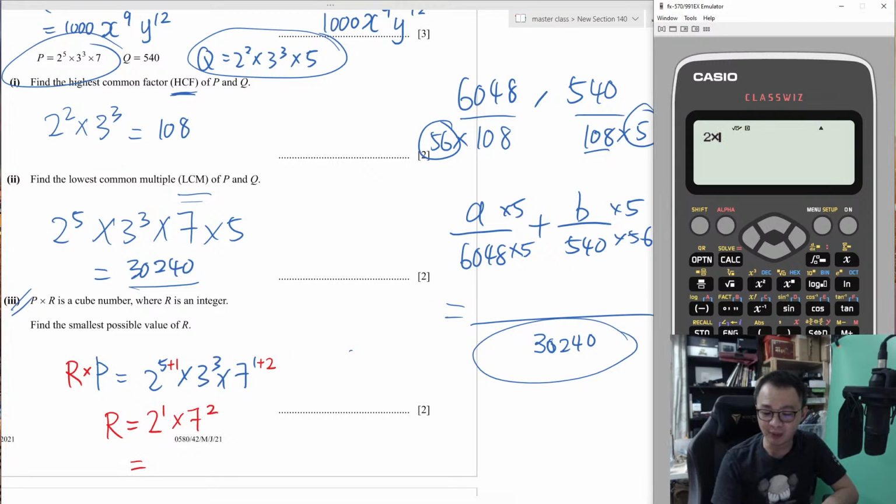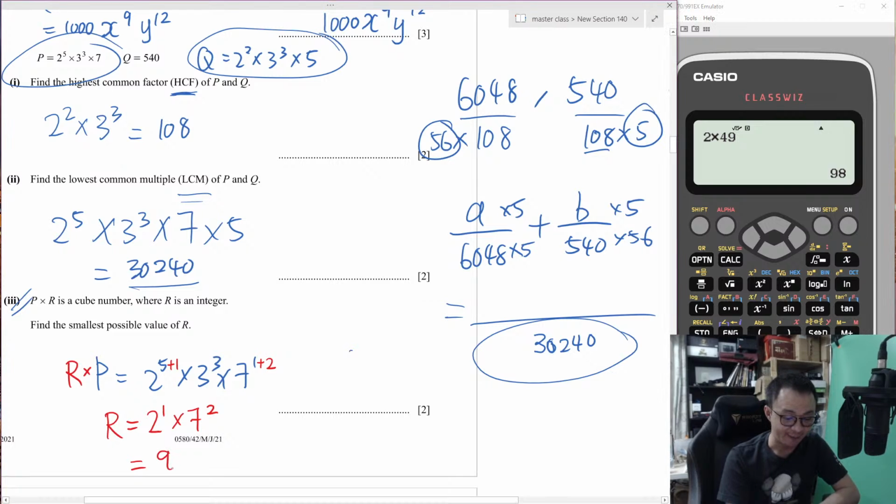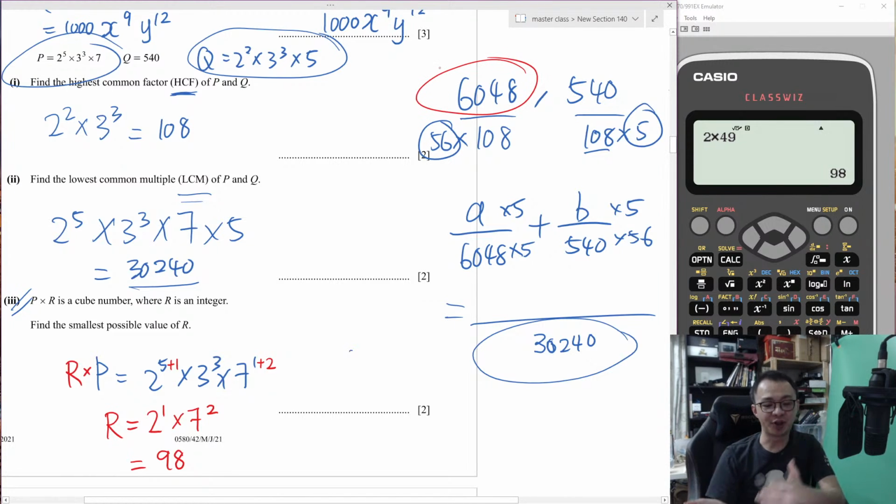So 2 multiply 49 is 98. So basically I know the smallest possible number of R is 98. So if I multiply my P number by 98, it will become a cube number.